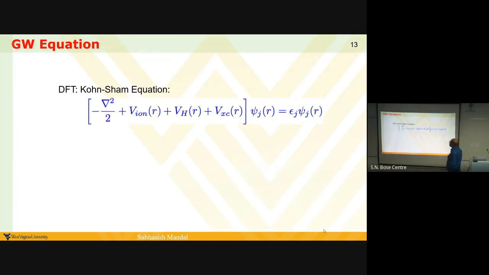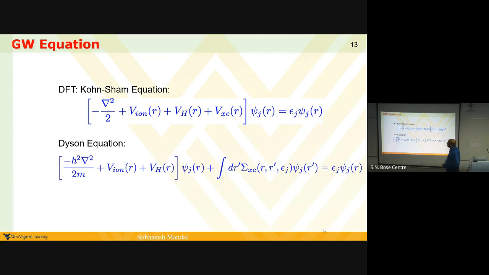A little bit about the GW equation. In DFT we have the Kohn-Sham equation, where you have the kinetic energy, ionic potential, Hartree potential, and exchange correlation. This is a single particle equation, and it is also local, so it depends only on r. In GW, we follow a very similar looking Dyson equation.